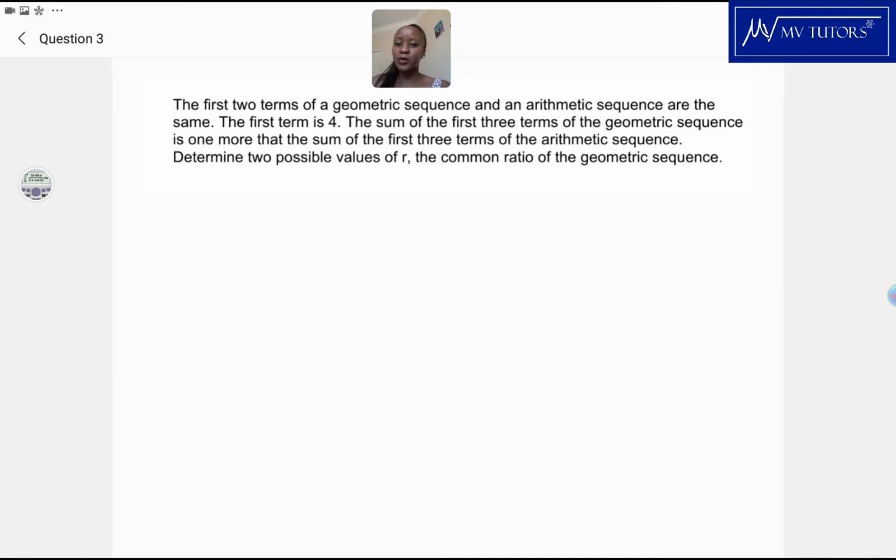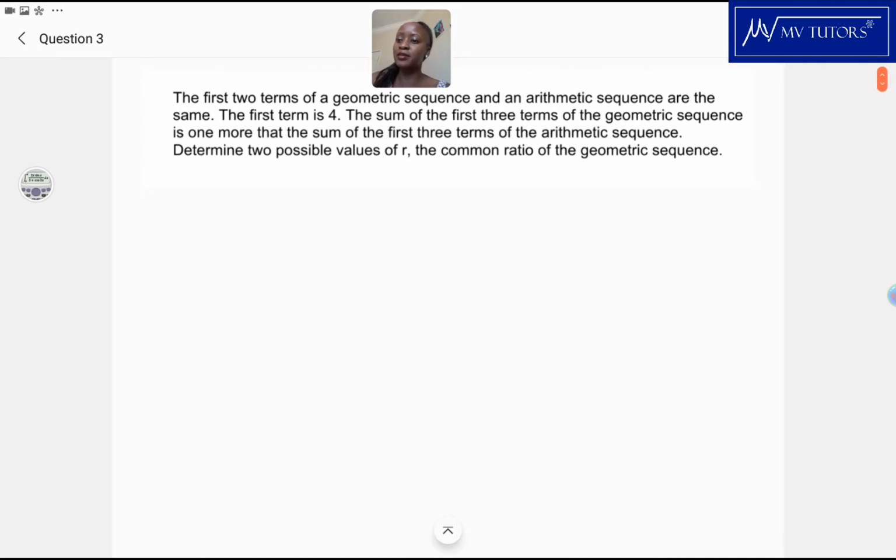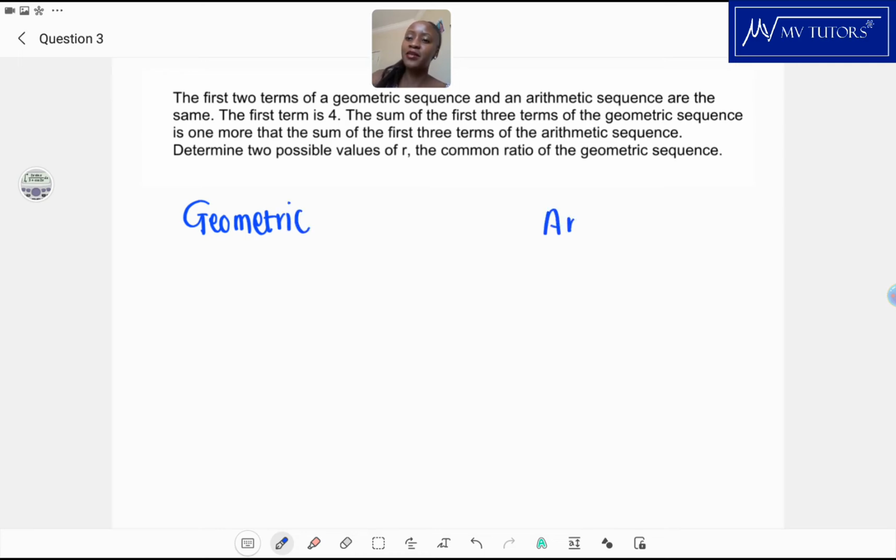Okay guys, so they tell us that the first 2 terms, so I'm going to have here geometric and arithmetic.